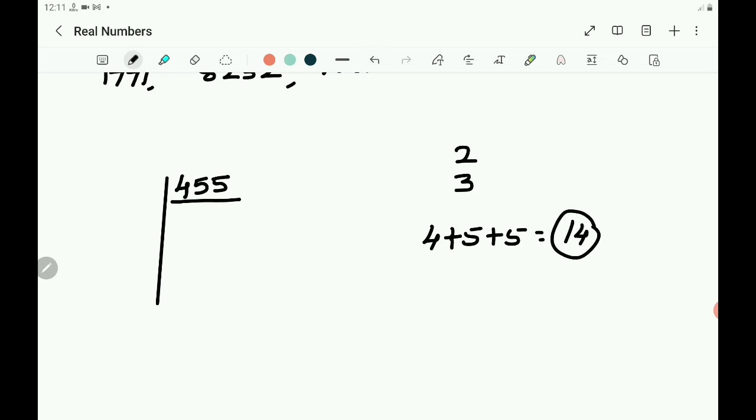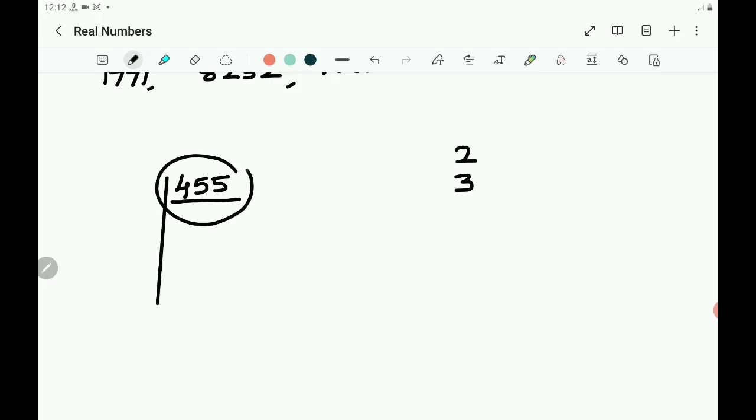14 is not in the table of 3, which means 14 is not divisible by 3. Therefore, this 455 is also not divisible by 3. So 3 is not a factor of 455. So it is clear that 2 and 3 are not the prime factors of 455.